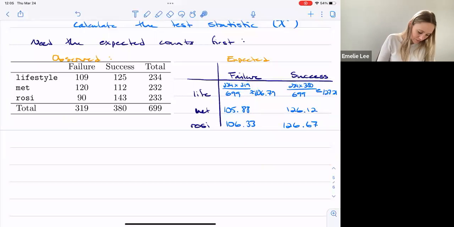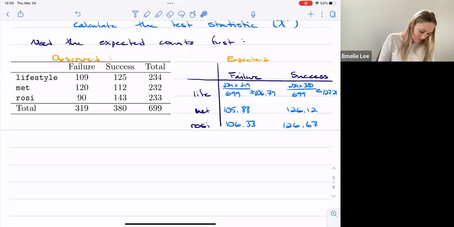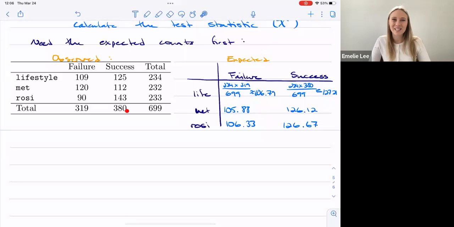Depending on my rounding decisions, we're a little bit flexible, but in here it does add to 319, so that's good. And I'm going to assume that it does the same thing, but I should check. 127.21 plus 126.12 plus 126.67 is indeed 380. So I'm good to go.